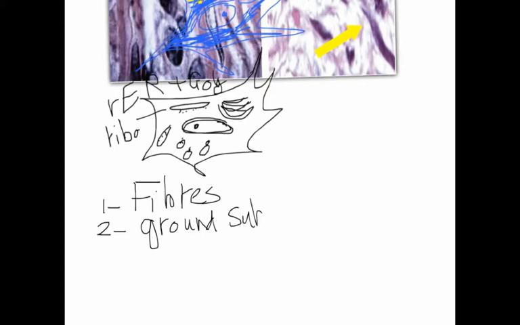Number one, the synthesis of the collagen fibers, the elastic fibers, the reticular fibers, so the formation of the fibers of the connective tissue. Number two is the secretion of the ground substance, which is present in the matrix, a part of the matrix of connective tissue, which is a second component of the connective tissue.